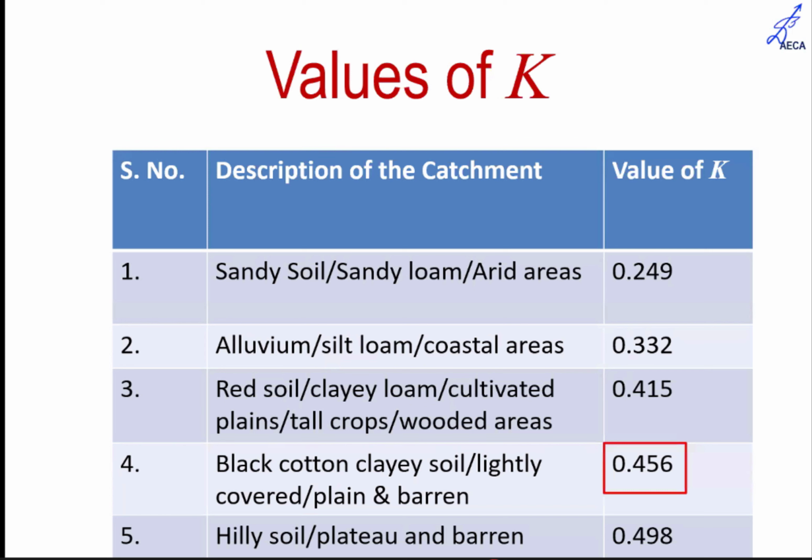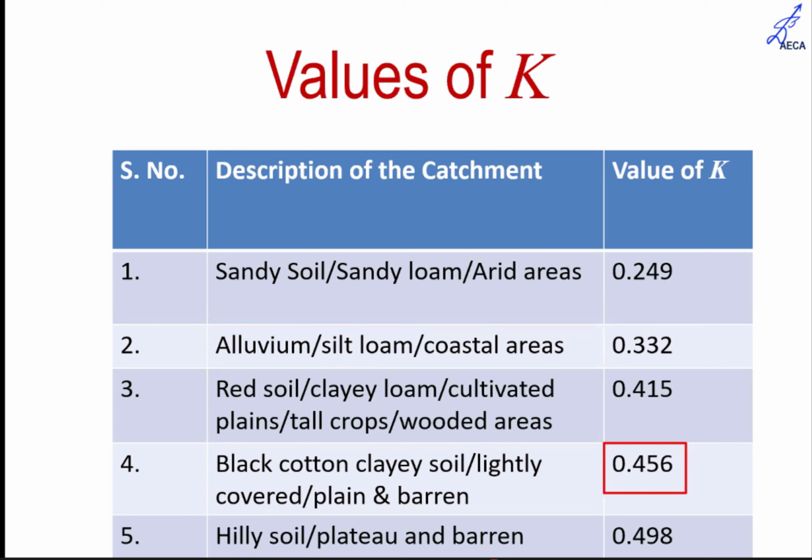So what is the effect of this K? If you have soils which are absorptive in nature, sandy soils and others, they have a low K. So you will have a low runoff basically, because more of the water will be lost by infiltration into the ground. Now if you have clay or rocky or other barren terrain, then the K value will be high, more like 0.456, 0.498, thereby increasing the C value and hence correspondingly the estimate of the discharge.